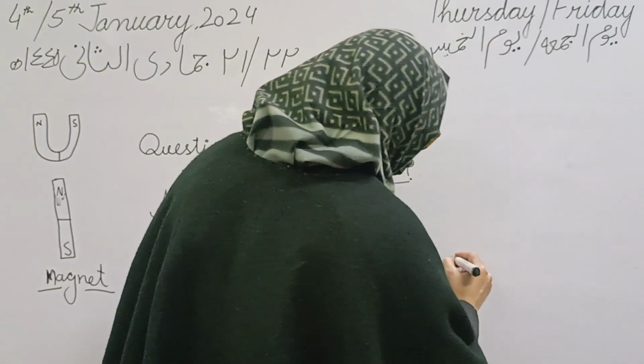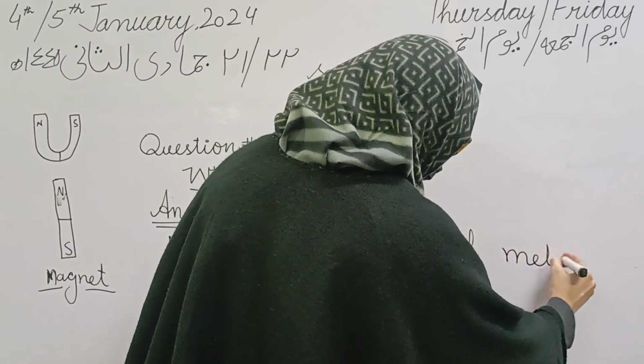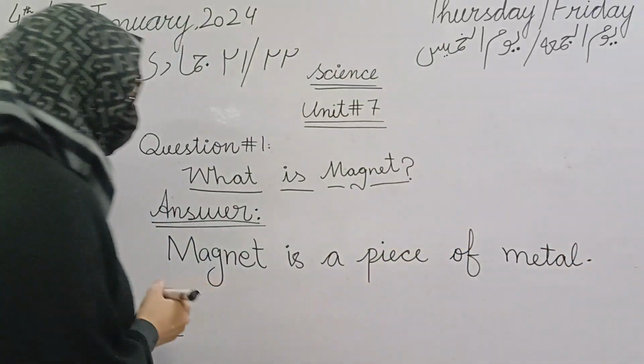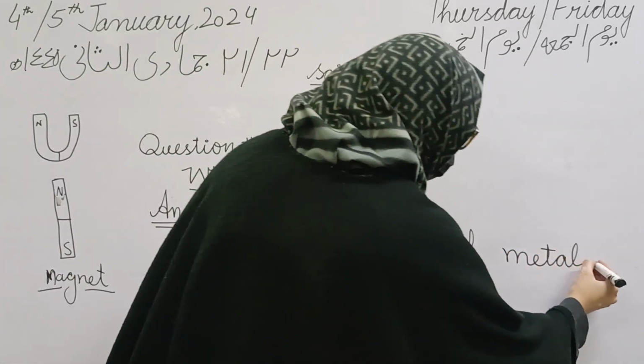Magnet is a piece of metal. We all know that the magnet is a piece of metal. And what does it have inside?